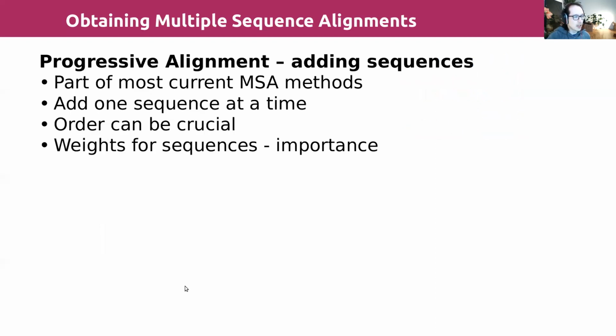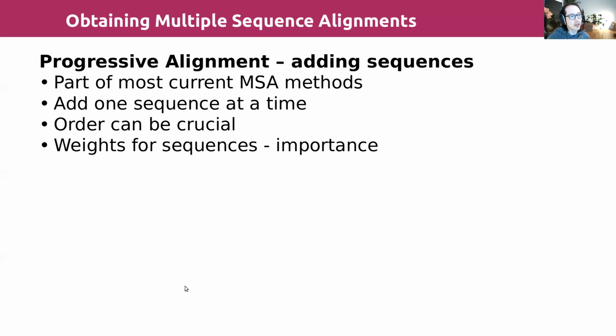So we need something more efficient, and the basic approach is something called progressive alignment, and this is the idea that we will add sequences to our alignment. So we first perform one alignment, say between 2 sequences, and then we fix those positions and then add a sequence to that.